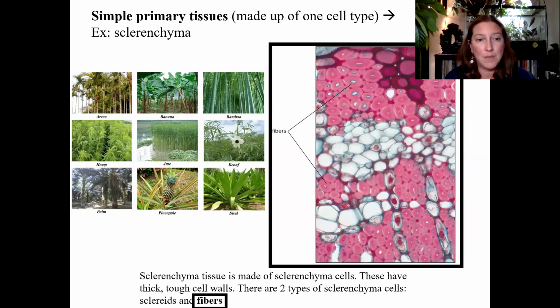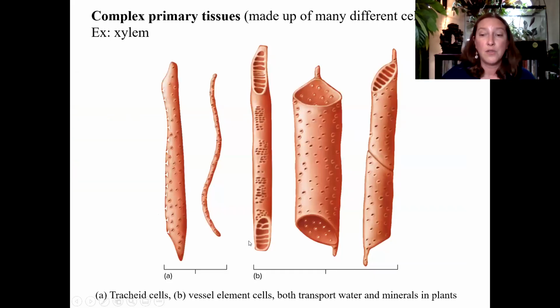We make fibers out of hemp, out of jute. We even make fibers out of palm and bamboo and other types of plants. So we use it, and also we consume fiber, right? Okay, so those were examples of simple primary tissues.